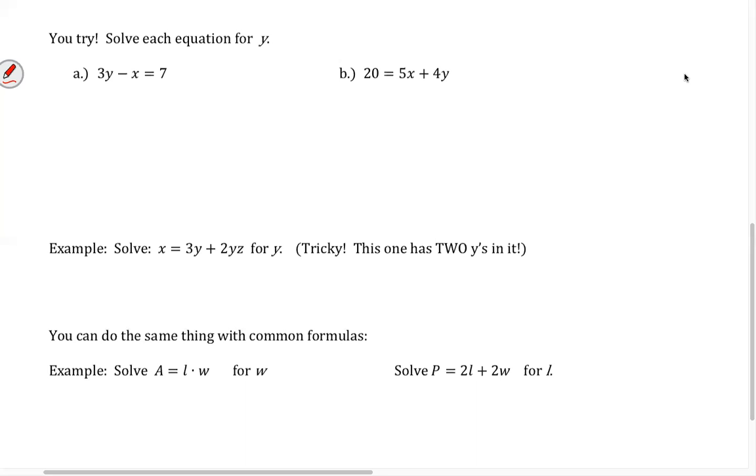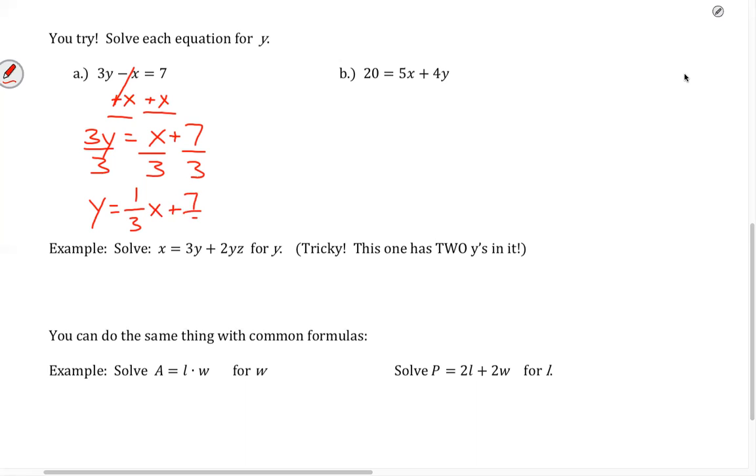Yes, I will divide by 3, but what do I have to do first before dividing by 3? You have to get rid of that x, right? Yeah. How do you get rid of that x? I don't really know. All right, well, we get rid of the x by adding x. So 3y equals x plus 7. And then you said divide by 3. So now I'm going to divide by 3. So y equals 1/3 x plus 7/3.